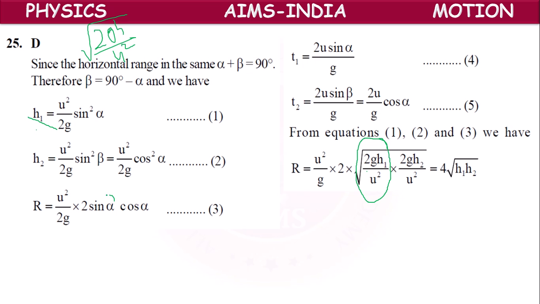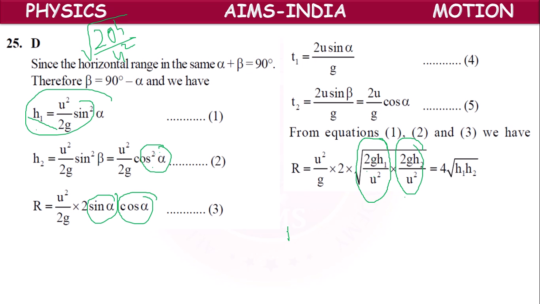In the place of sin alpha, we can write this. And in the place of cos alpha, from the second equation, we can write square root of 2g H2 by U square.